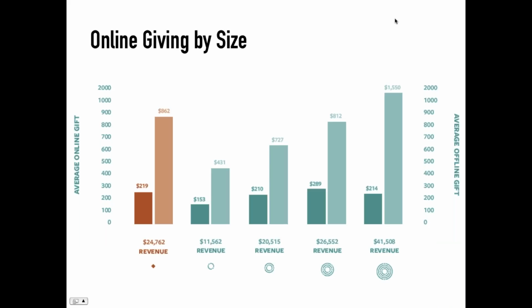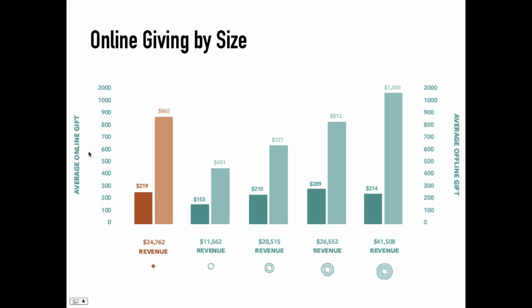So what I want to show you here is a little bit of data about the average gift. On the left-hand side, you have your average online gift. On the right-hand side, you have your average offline gift. The orange is overall average, and then the blues are increasing size of organization.